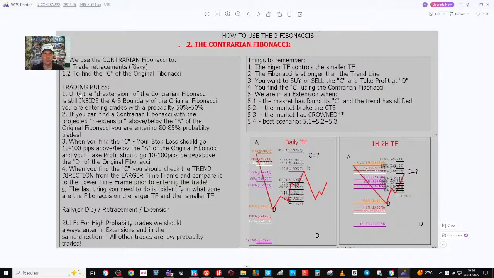Okay, trading rules. So it's small d, right? But I'm naming it sub d. Until the sub d extension of the contrarian Fibonacci is still inside the AB boundary of the original Fibonacci, you are entering trades with a probability of 50-50, right?